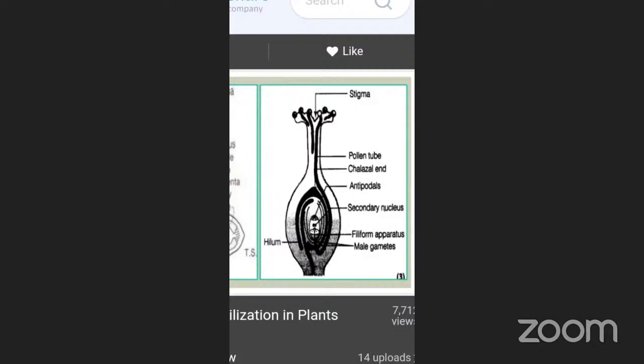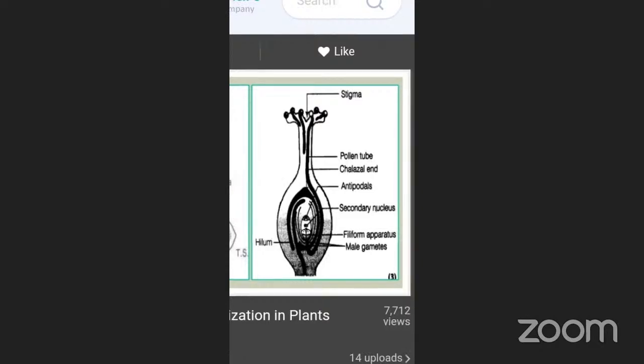On reaching the placenta, it is guided, in rare cases, by the obturator. So the obturator is also to guide the pollen tube growth, but in the major cases, it is the chemical gradient only. The growth is by creeping along the surface of the cells up to the ovule.